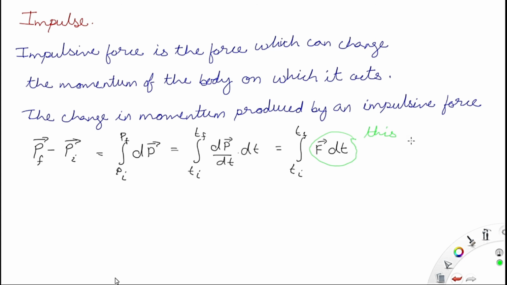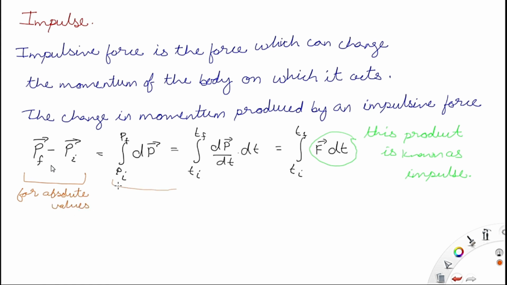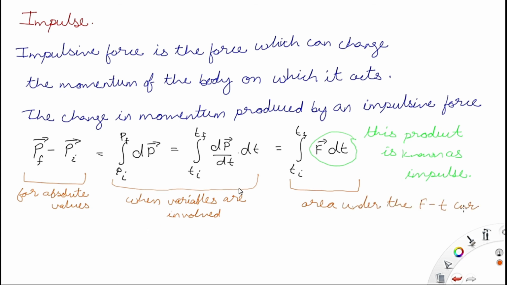When you have absolute values, you can just do Pf minus Pi, and if you have variable values, then you have to do the integration. The integration of F dt means the area under the F-t curve.